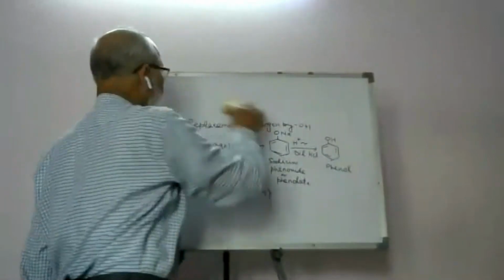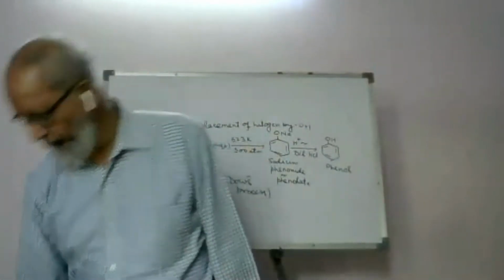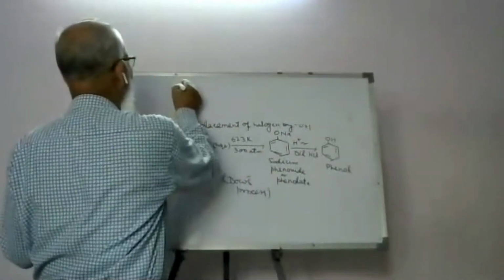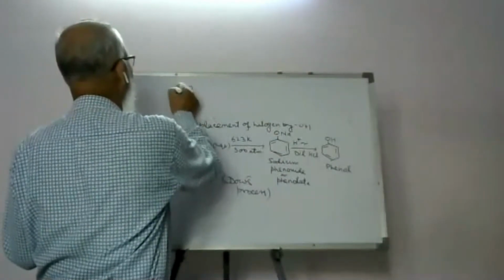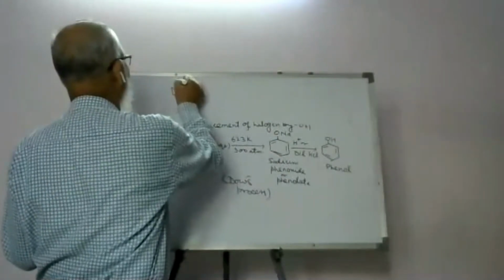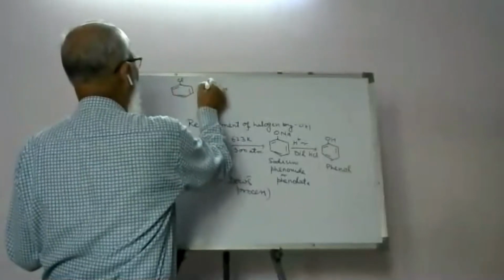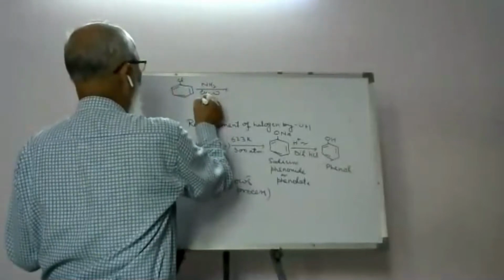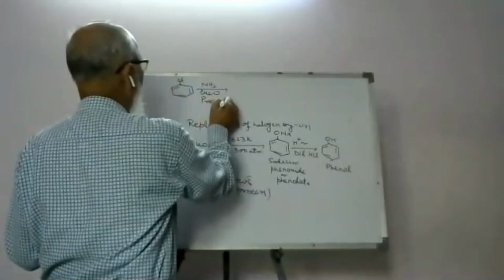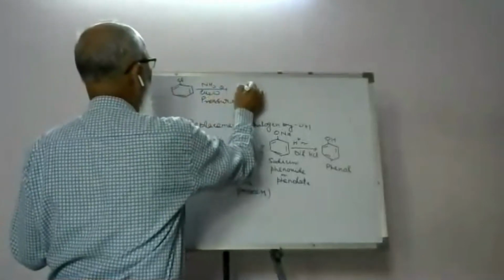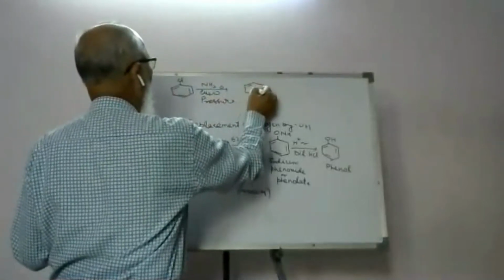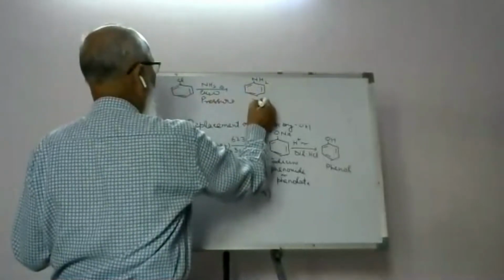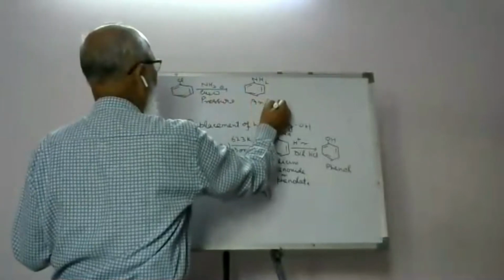Similarly, when this chlorobenzene is treated with ammonia in presence of cuprous oxide catalyst under pressure, there is replacement of halogen atom Cl by NH2, and this compound is known as aniline.